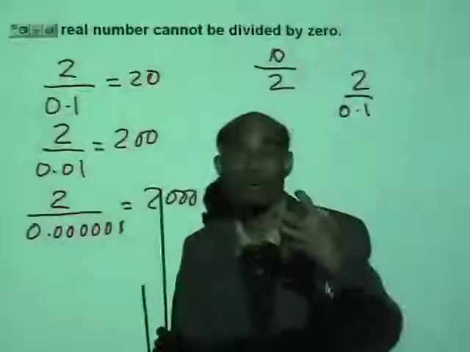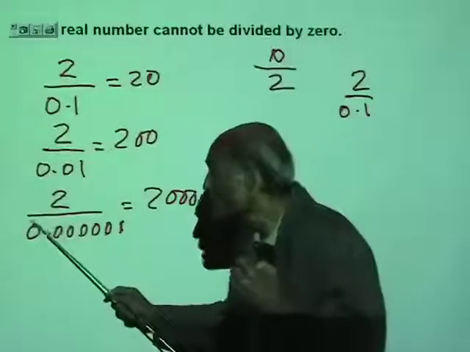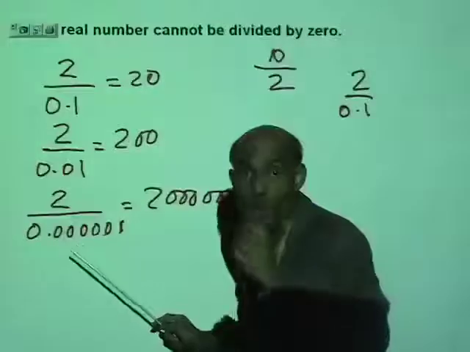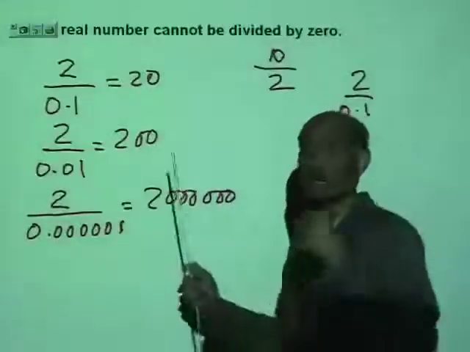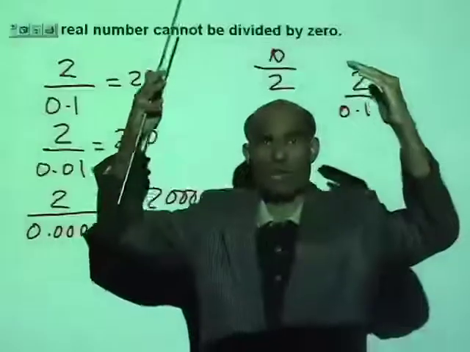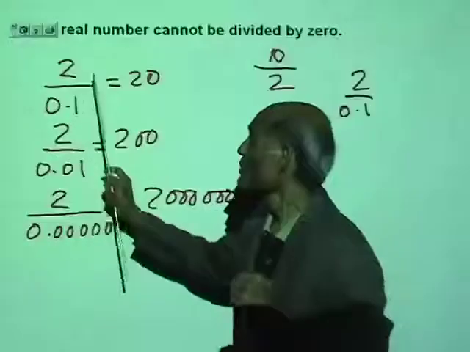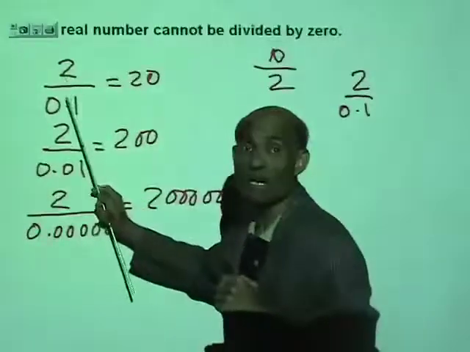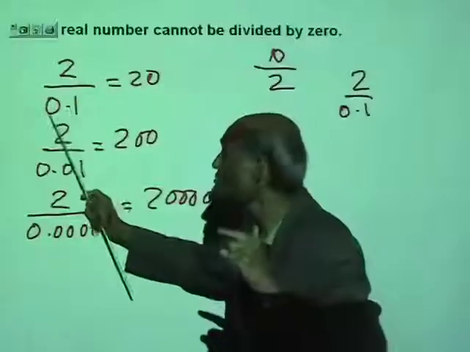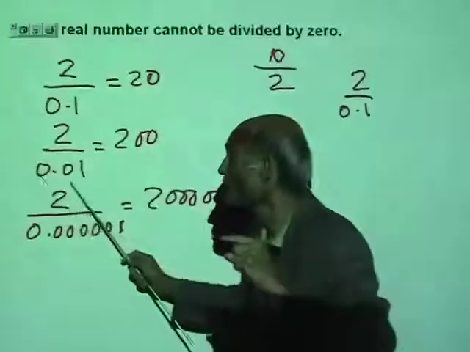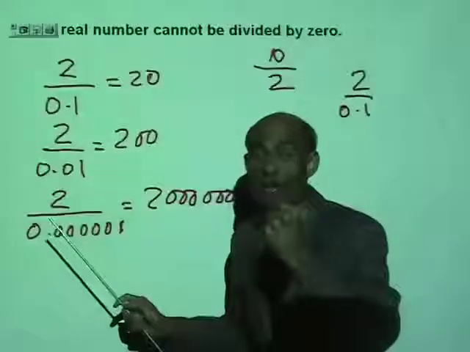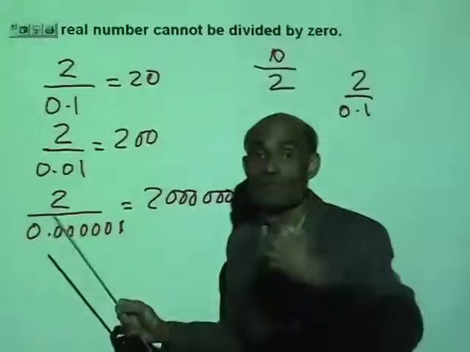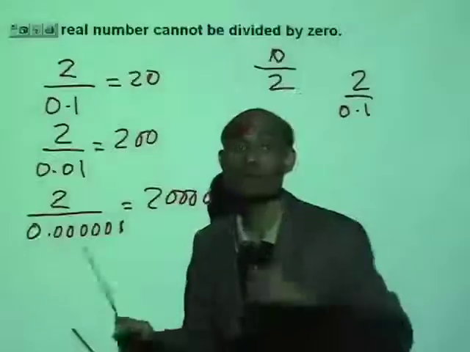Now what I want you to understand is, as the denominator gets smaller and smaller, what happens to the result? The results become bigger and bigger. So you divide a number by a small number. As the number on the denominator gets smaller and smaller, the results become bigger and bigger.